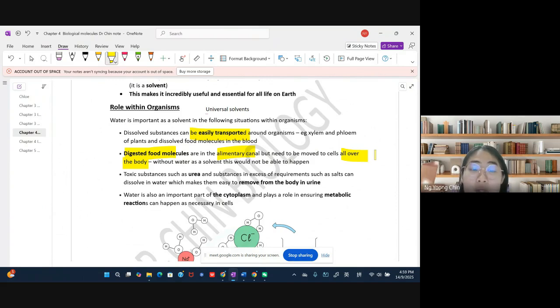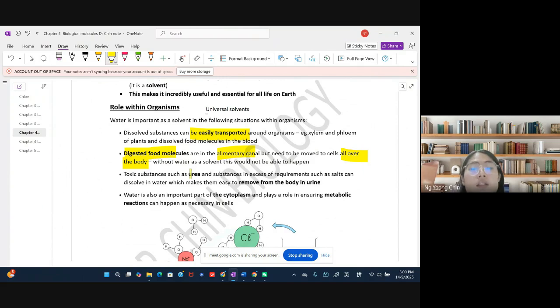So whenever we are performing digestion, we also require water. If we are without water as a solvent, we will be unable to allow the food to get into the alimentary canal and then into the intestines, the liver, those kinds of things. So water is related to transportation.